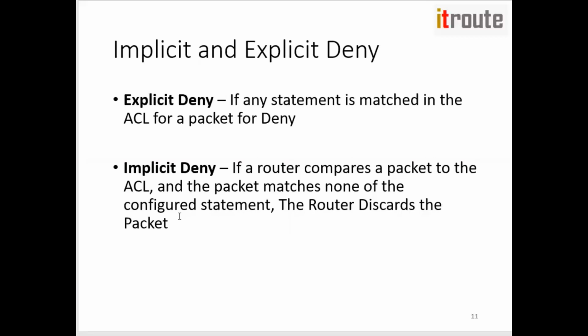In this scenario, it will be an implicit deny. If the router doesn't know anything, it will deny. That is called implicit deny. And explicit deny means you configure it and say, I want to deny that particular network or packets. Cool.